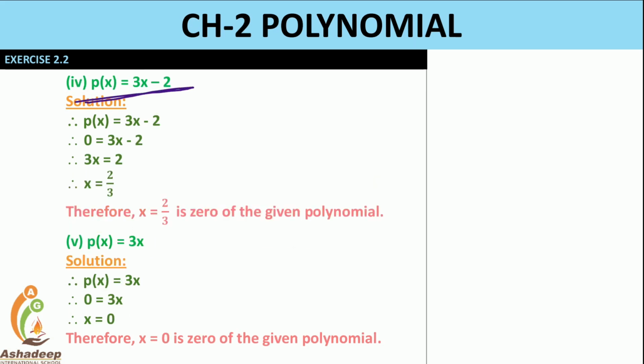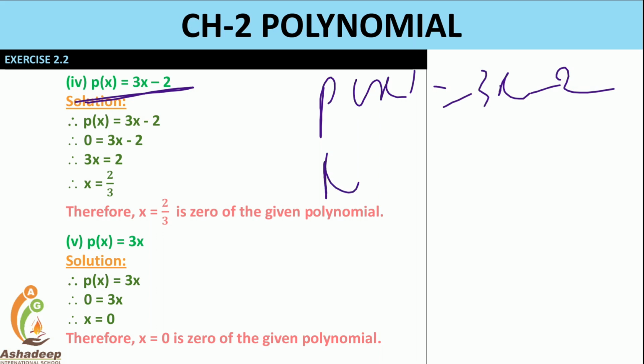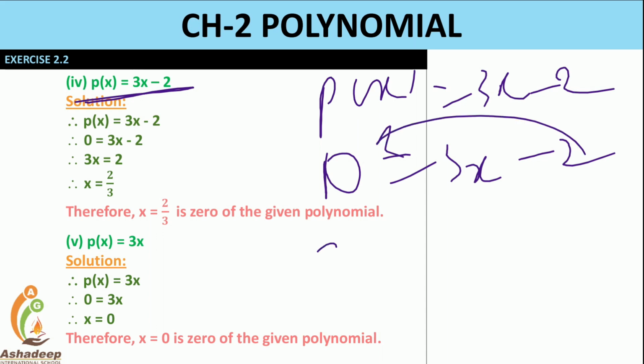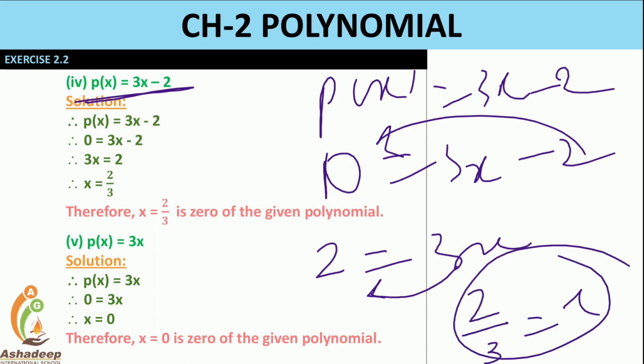Now p of x is equal to 3x minus 2. So 0 is equal to 3x minus 2. Now minus 2 comes onto this side, it becomes plus, equal to 3x. 3 from the numerator comes into the denominator. So 2 divided by 3 is equal to x.